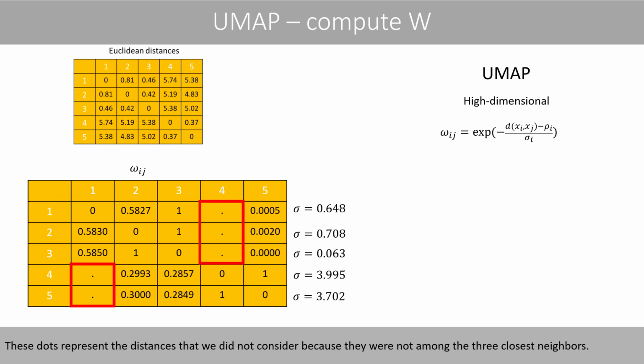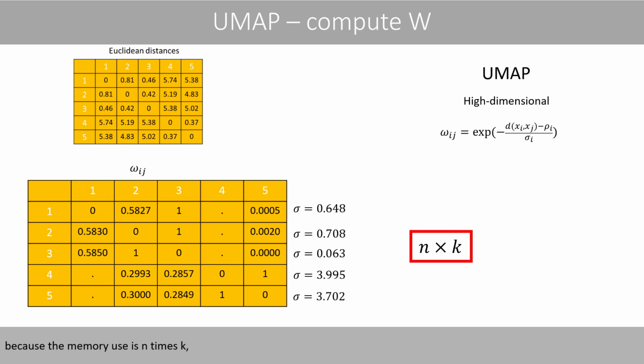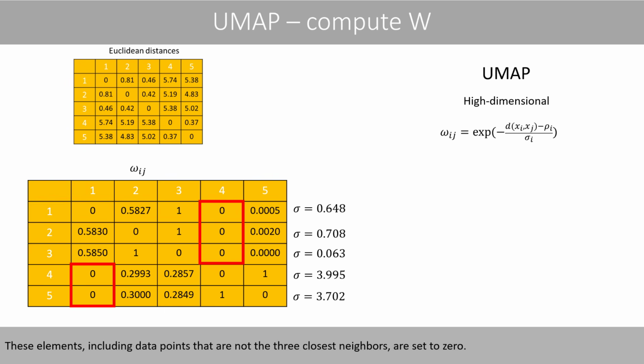These dots represent the distances that we did not consider because they were not among the 3 closest neighbors. This is therefore a sparse matrix. A sparse matrix is more computationally efficient to work with, because the memory use is n times k instead of n times n. These elements, including data points that are not the 3 closest neighbors, are set to 0.